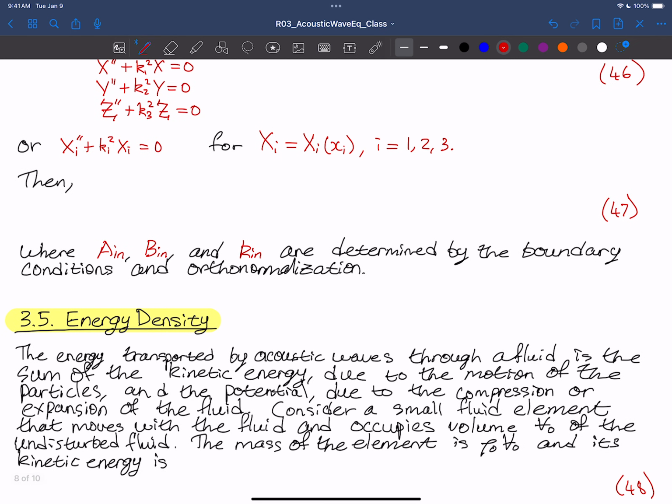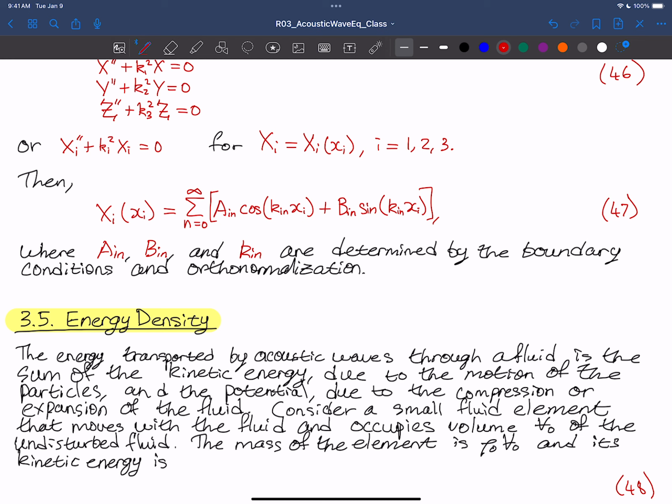What we'll find here is that Xi of xi is equal to an infinite sum from n equals 0 or n equals 1, depending on the boundary conditions, of a sub in times the cosine of k sub in times xi plus b sub in times the sine of k sub in times xi, where a sub in, b sub in, and k sub in are determined by the boundary conditions and the orthonormalization.